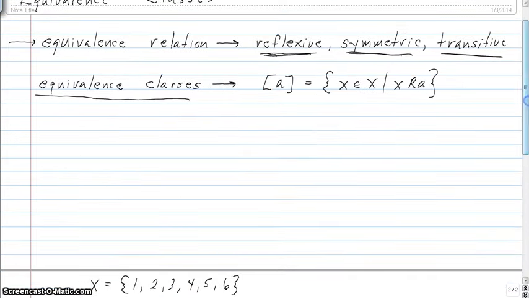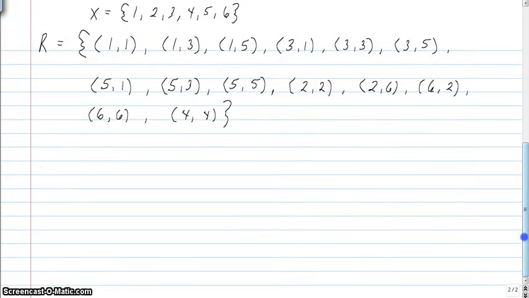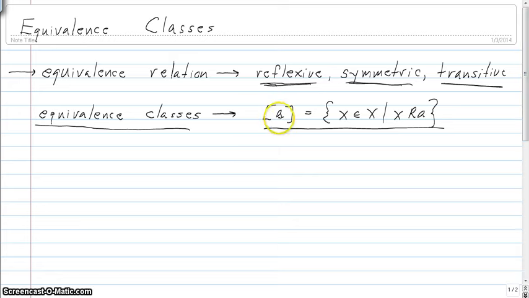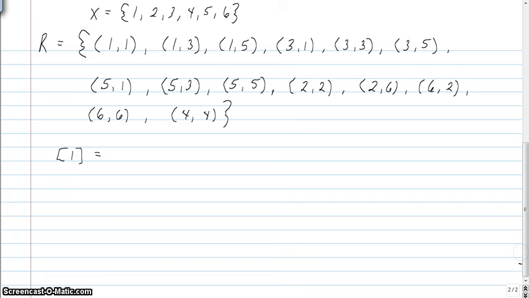If I just use this piece of my definition, that's really what we need. So the equivalence class of 1, I'm just going to plug into this definition. If 1 is here for A, then I would plug 1 there for A. So that's going to be all elements from my set X that are related to 1.